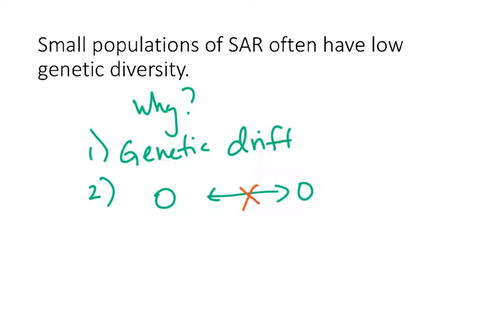Gene flow is one of the processes that increases genetic diversity, so if gene flow is unlikely, small populations often have low diversity. And then lastly, small populations are also more likely to experience inbreeding, which is something we will dedicate the entire next video to. But these are some of the reasons why small populations often have low genetic diversity.